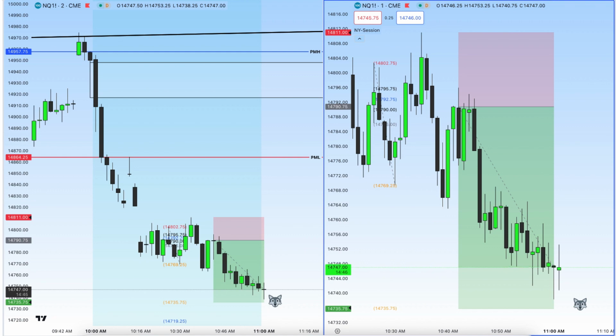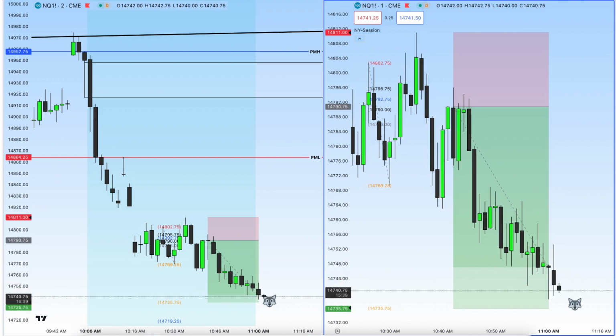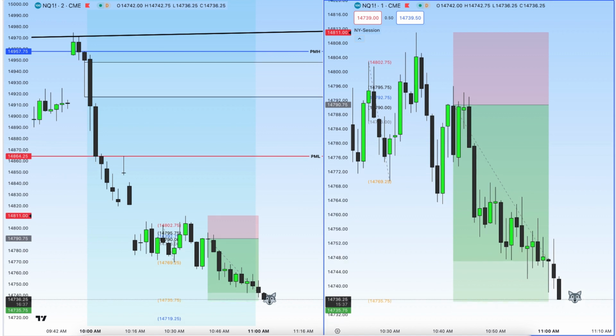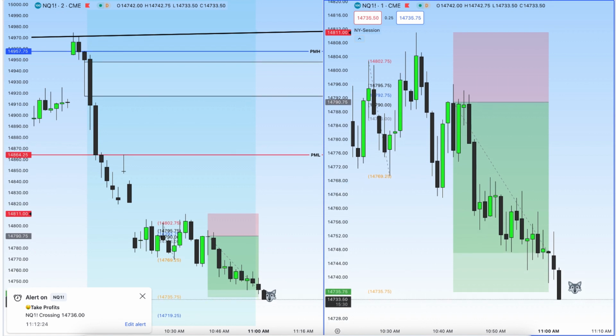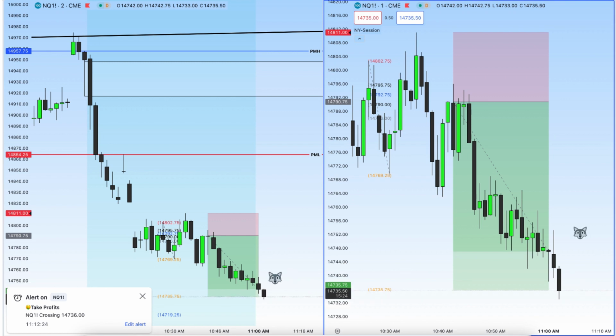I might start saying that instead of price target, estimated price arrival, because I look at the market through the lens of price delivery. There we go. So there's the take profits, and this is where I would cut my trade because it hit it.